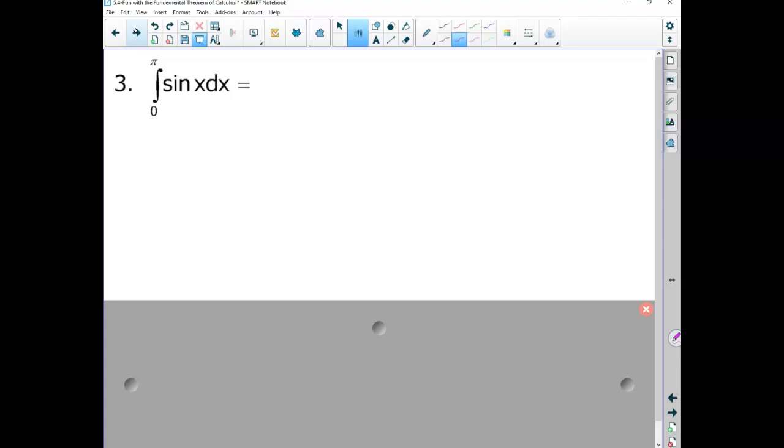Well, let's roll along through here, okay? Well, what is my antiderivative of sine x dx? Well, antiderivative of cosine is negative sine, so the antiderivative of sine must be negative cosine x, okay? And I need to evaluate that from 0 to pi. And it's going to equal the opposite cosine of pi minus opposite cosine of 0.